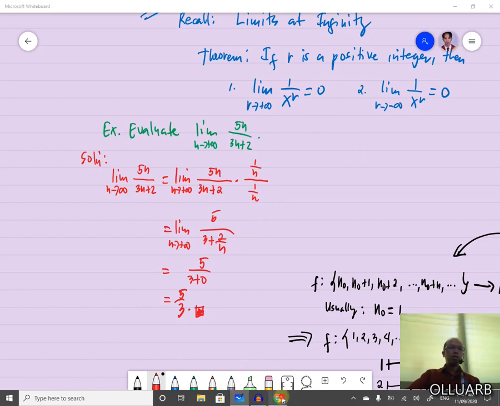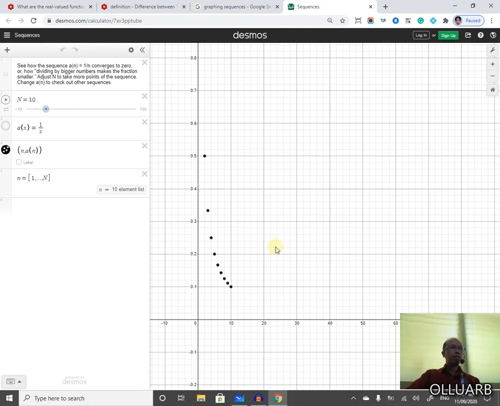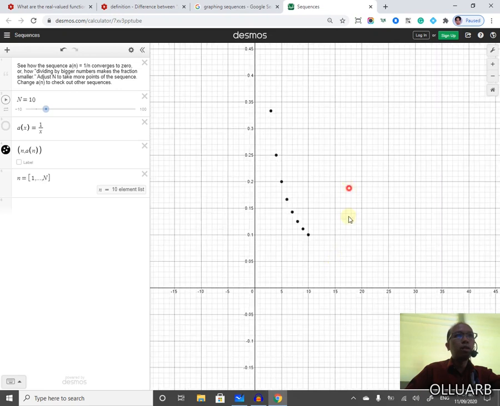Okay, so this is an example of a sequence, the sequence 1 over x.